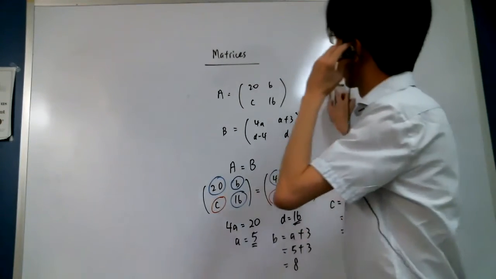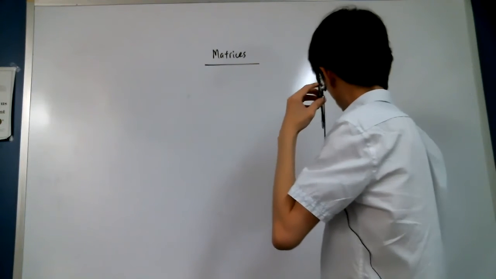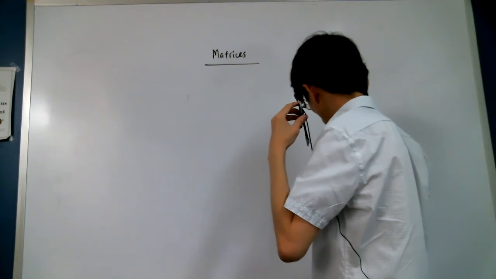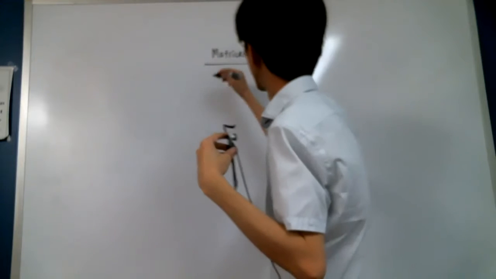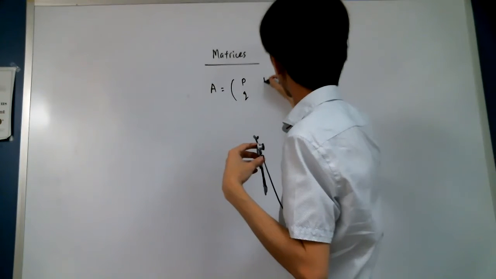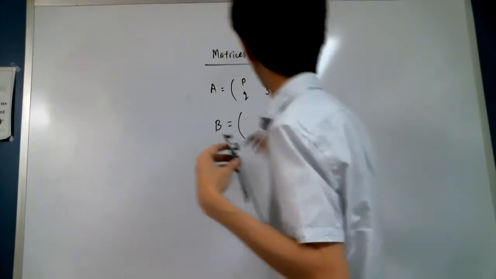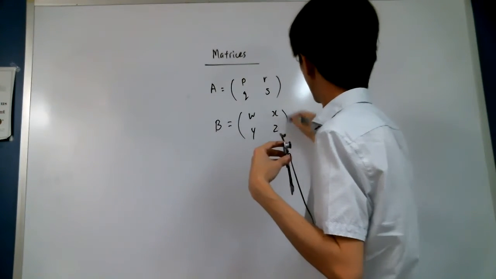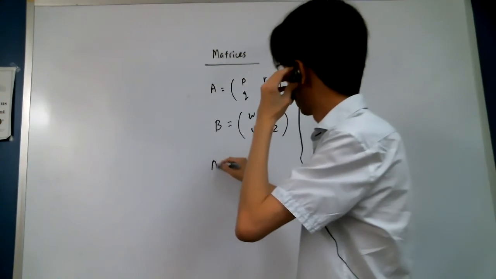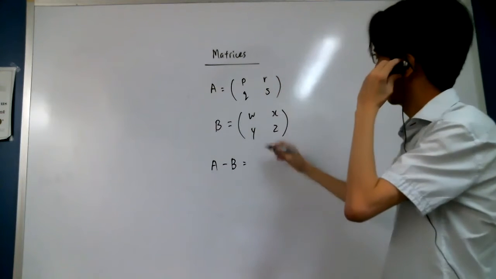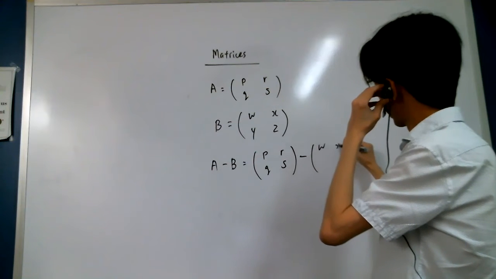Okay, now we will take a look at how we perform addition and subtraction of two matrices. In this case, we want to carry out the subtraction of A minus B. So we take PQRS minus WXYZ.